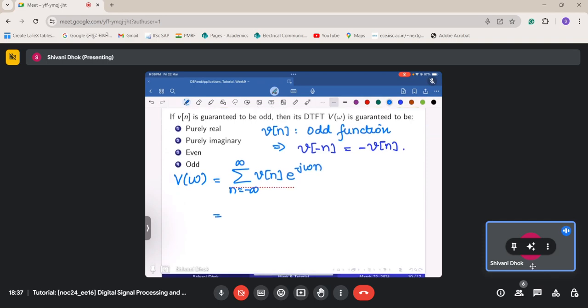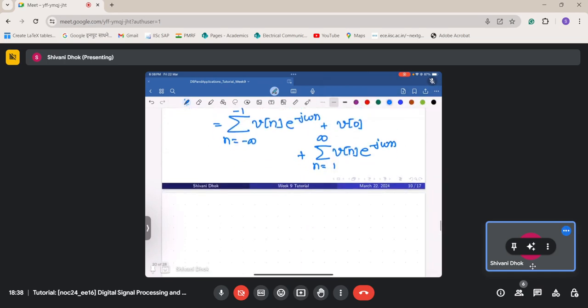So this thing I can write as summation n running from minus infinity, or rather I can break it in 3 parts, to minus 1 v of n into e power minus j omega n plus v of 0 plus summation n running from 1 to infinity v of n into e power minus j omega n.